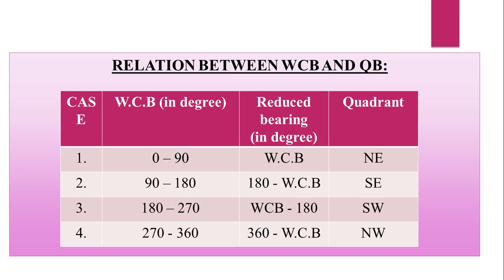When the whole circle bearing is from 180 to 270 degrees, the reduced bearing becomes whole circle bearing reading minus 180 degrees and the quadrant is southwest. And finally, when the whole circle bearing is from 270 to 360 degrees, the reduced bearing becomes 360 minus whole circle bearing reading and the quadrant is northwest.